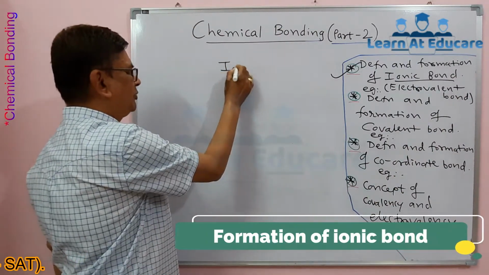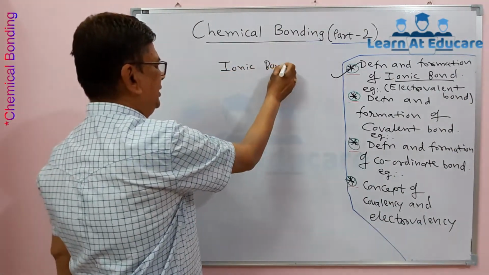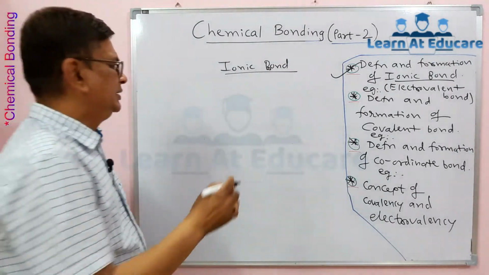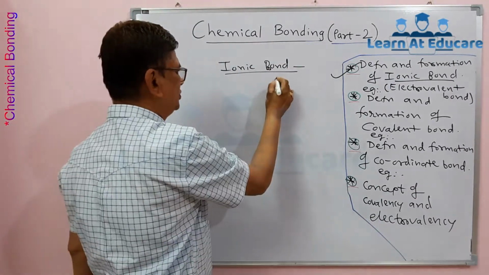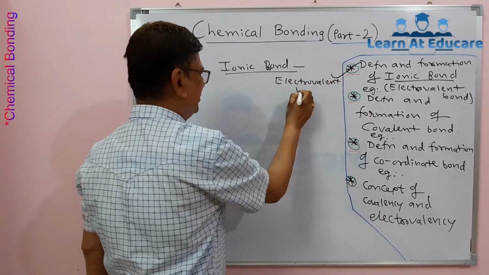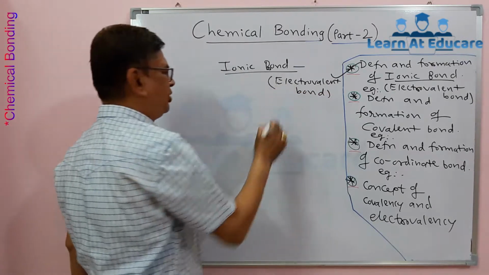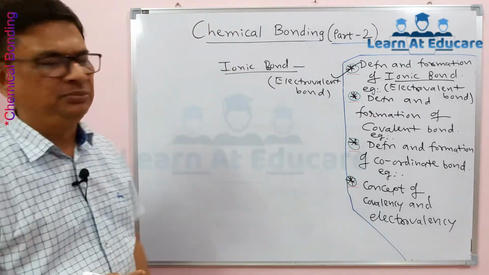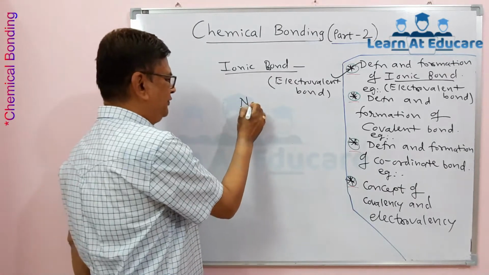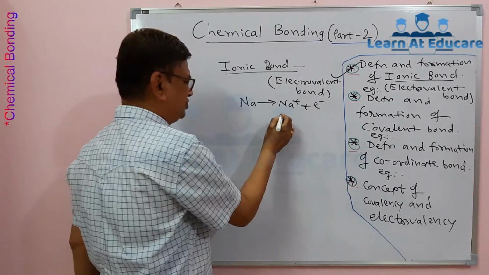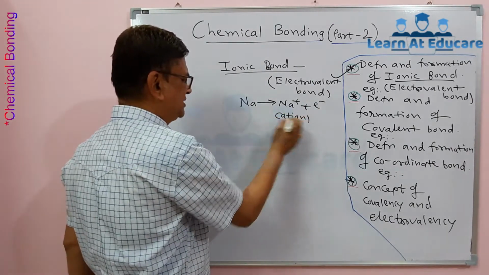An ionic bond is formed by the attraction between oppositely charged ions. That is, the ionic bond is also called an electrovalent bond. And remember, this kind of bond is formed by donating an electron from one atom to another atom. The simplest example is when sodium donates an electron and that forms the positive ion Na+, which is called a cation.